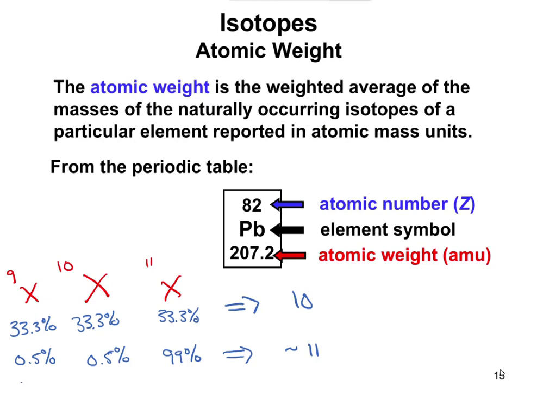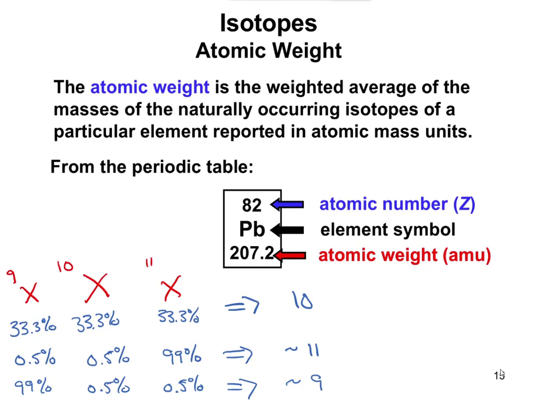Now, we could do the other example where we had 99% here and 0.5% of the others, and in this case, the overall weighted average is going to be approximately 9. Another way to think about this is like your grades. You've always had classes where your final exam might be worth 50%, and a particular quiz might be worth 10%.